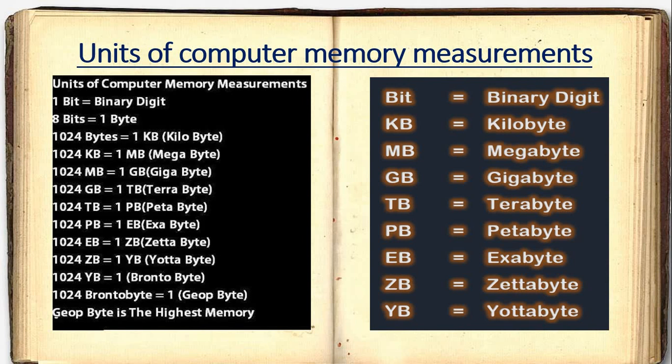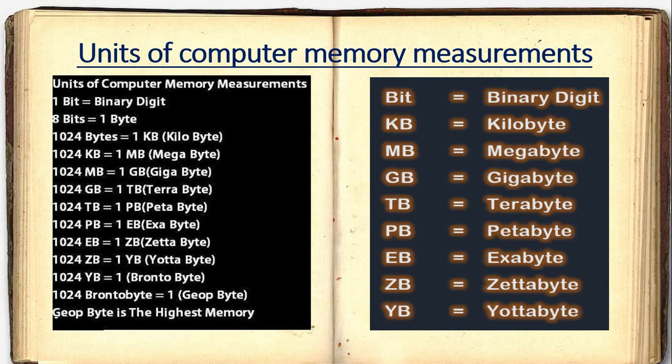Bit stands for binary digit. 8 bits put together form 1 byte. 1024 bytes equal 1 KB, that is KB stands for kilobyte. 1024 kilobytes equal 1 MB, that is MB stands for megabyte. 1024 megabytes equal 1 GB, that is GB stands for gigabyte. 1024 gigabytes equal 1 TB, that is TB stands for terabyte. 1024 terabytes equal 1 PB, that is PB stands for petabyte.